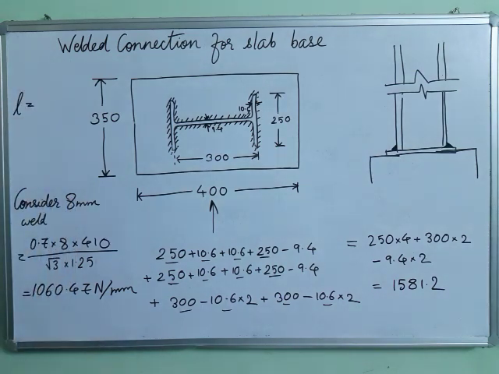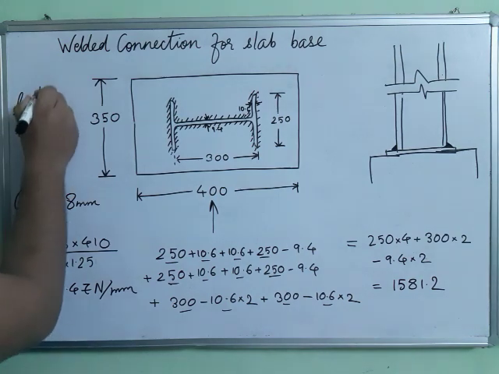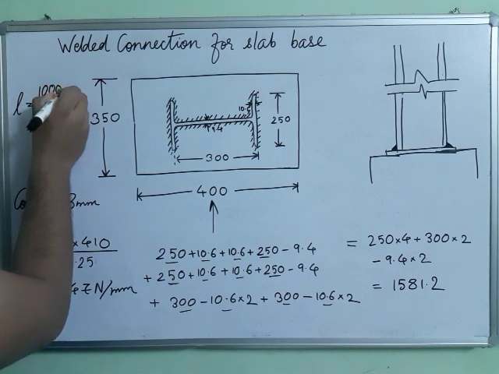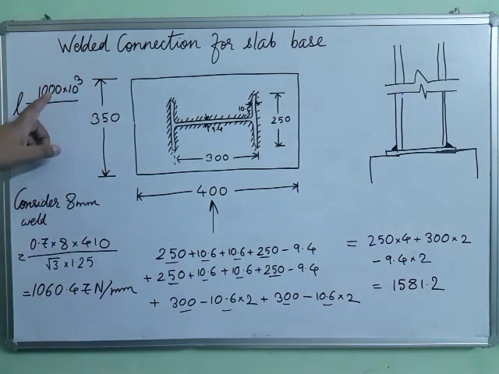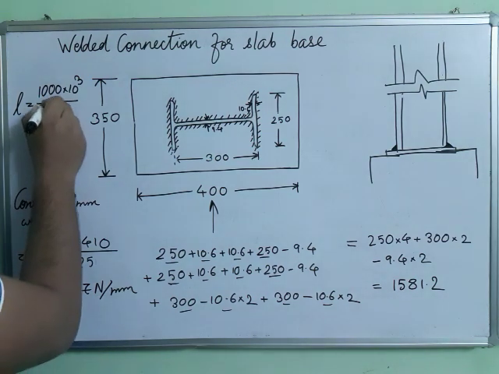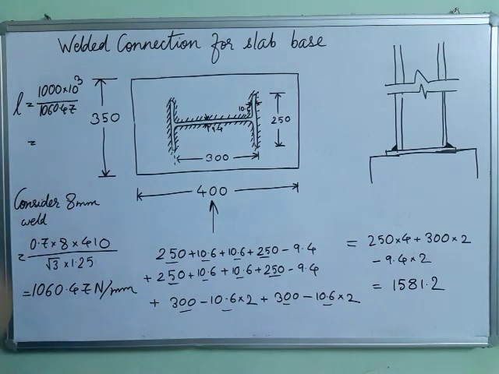how much was the load. How much was the load given? 1000 kilonewton. Load divided by strength of the weld per unit length, 1060.47. So we find out how much it is.